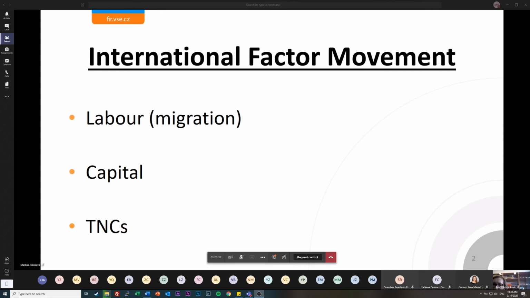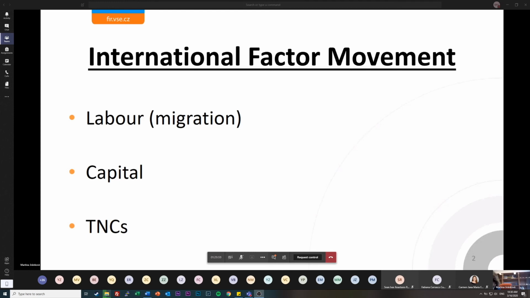Until now, we have talked about international trade, and now we are going to talk about the international economics of labor movement. This is the first point that we will start from. And about the movement of capital across the boundary. And there is a third point.